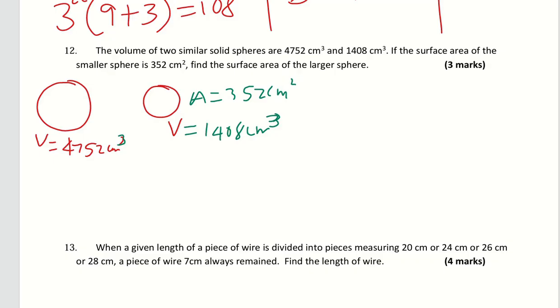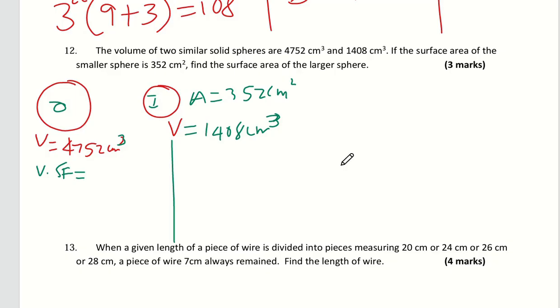Now first of all you need to know that these are two similar objects, so you use the idea of similarity and congruence. And the first thing we do is find the volume scale factor. So this one is the object, and this one will be our image. An object can be enlarged whether it increases in size or reduces in size.